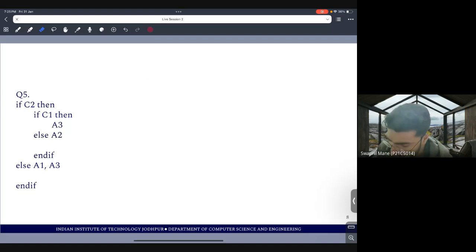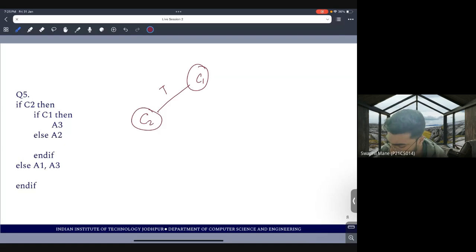So it is stating that if C2 is true, then it goes to C1. And if C1 is true, then it is printed as A3.